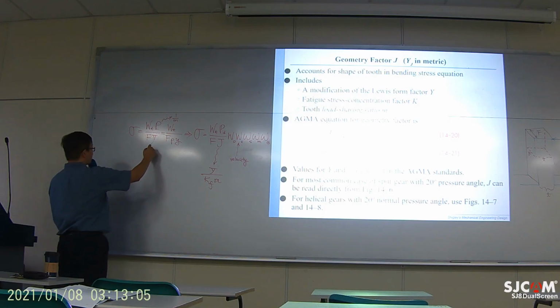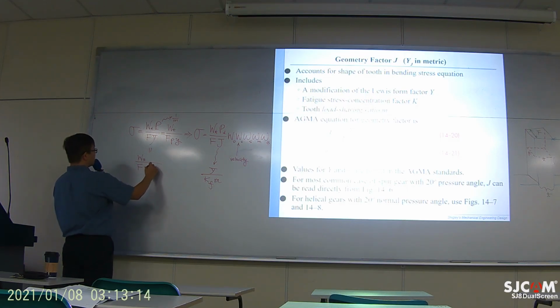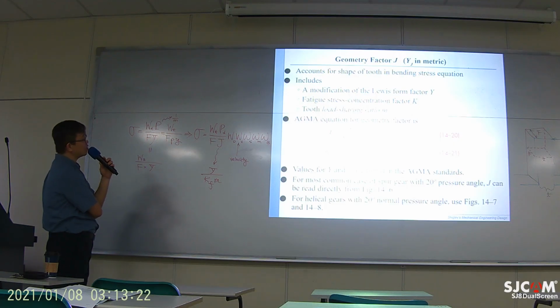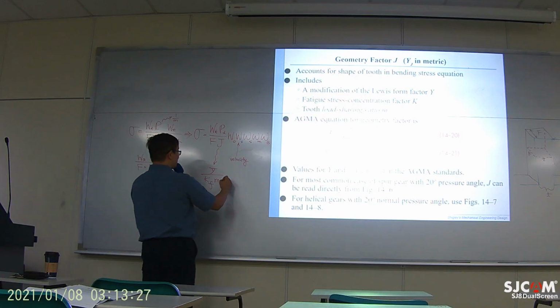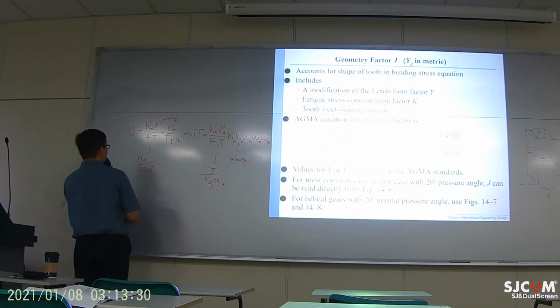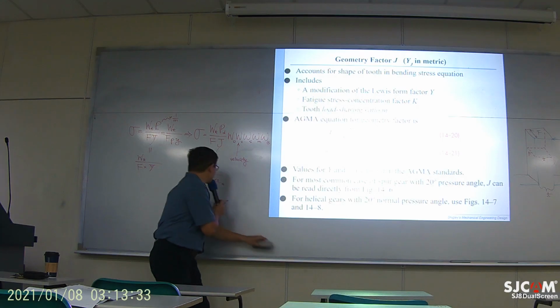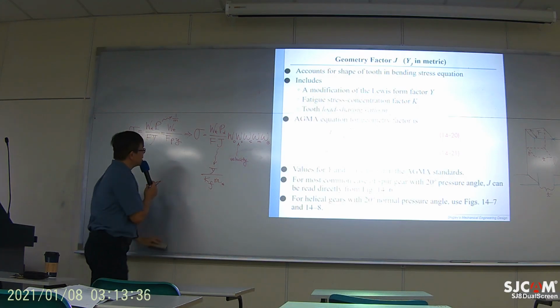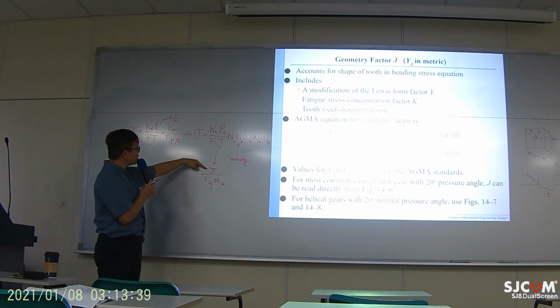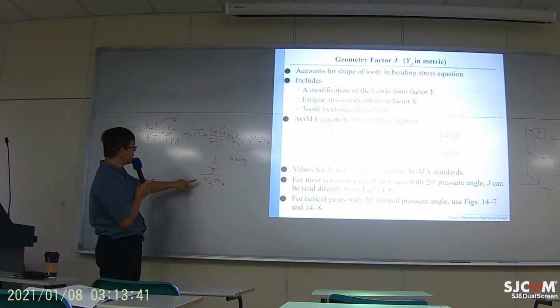So in this particular equation, you actually have Kf, and you have a capitalized Y, and this is a different N. It's not module. This is a different N. So this J is replacing the Y right there, but being adjusted by two terms.